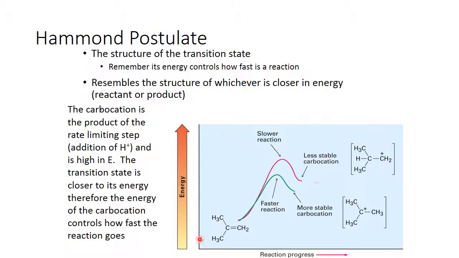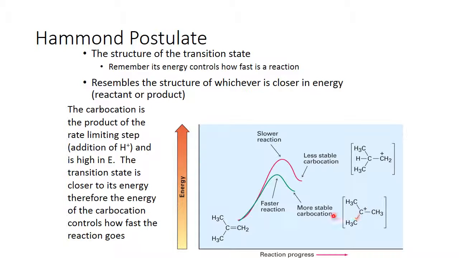So if I look at this alkene and I look at the intermediates that form, either this one, primary, or this one, tertiary, for the two possible reactions, this one is higher in energy. So Hammond's postulate says that the transition state, which is closer in energy to the carbocation than to the reagent, is going to be higher in energy.